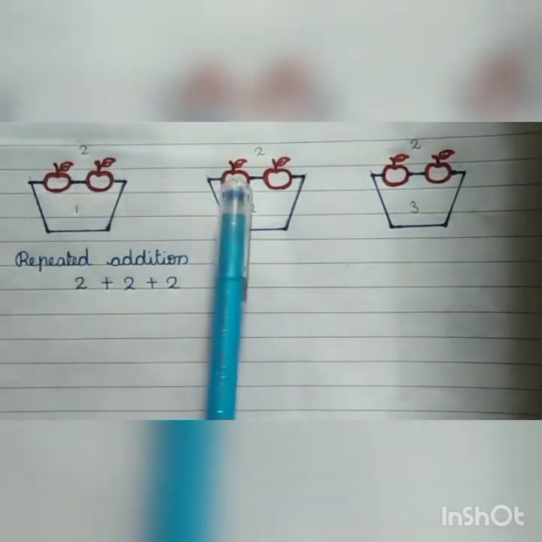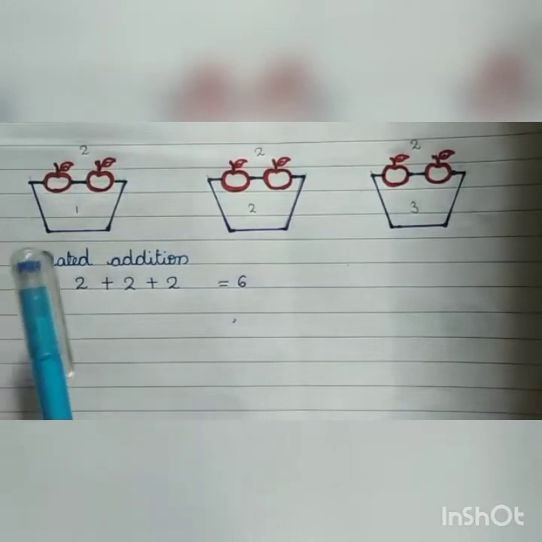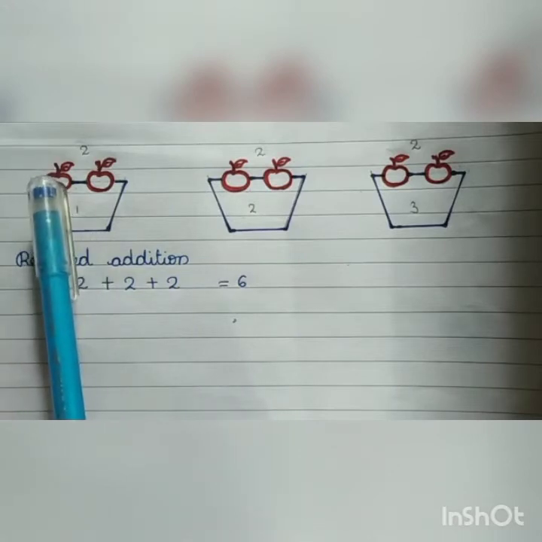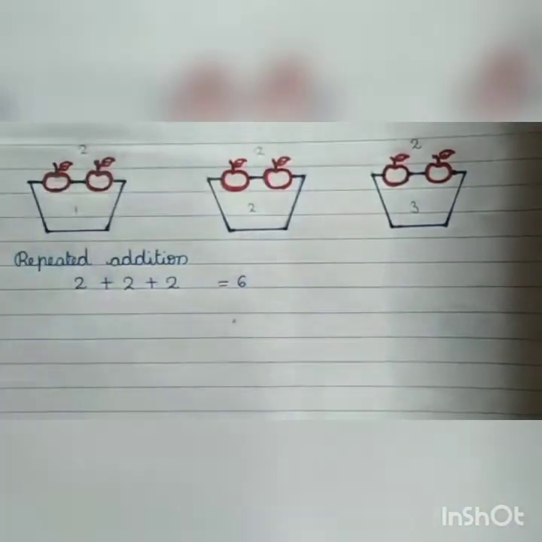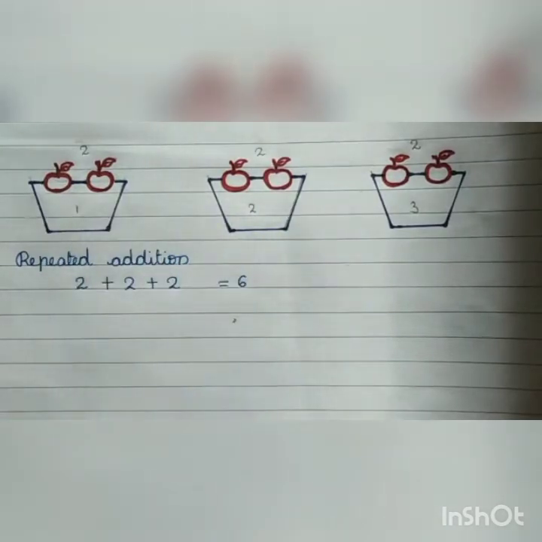Since we have 3 baskets with 2 apples each, to find the total number of apples by multiplication, first we have to multiply the number of apples in each basket with the number of baskets.